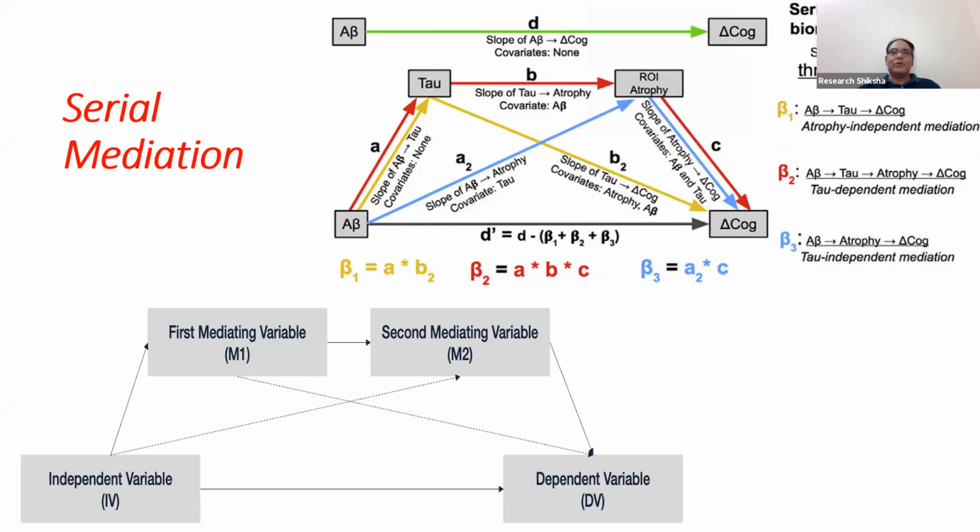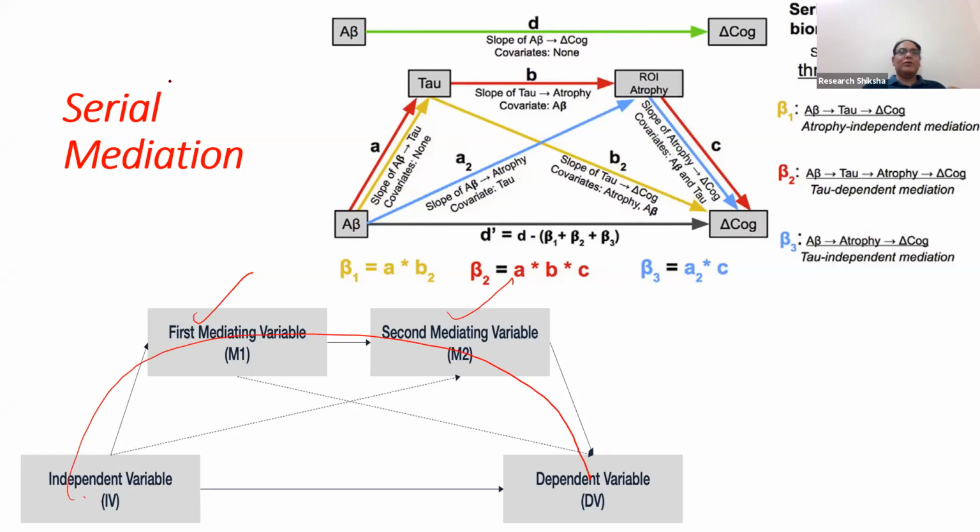The first is known as serial mediation. In serial mediation, there are two mediating variables. In this case, you can see that this is the first mediating variable and this is the second mediating variable. X, the independent variable, affects the dependent variable through these mediating variables.